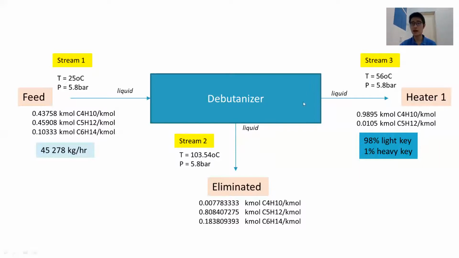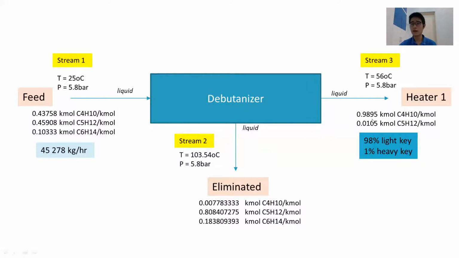By using the distillation column method that we learned in the unit operation subject, we are using the light key and heavy key method to calculate for this. In this case, we need the butane as our major feed for the furnace.